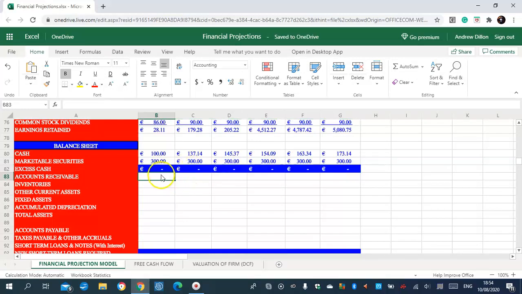Yeah, next section is to find and calculate accounts receivable. Here's how to calculate accounts receivable.